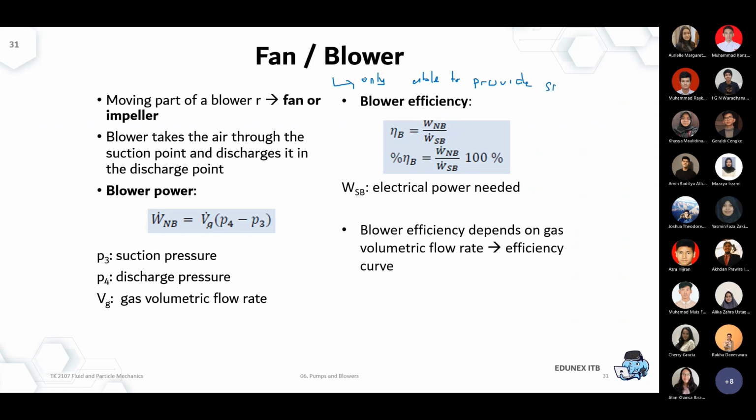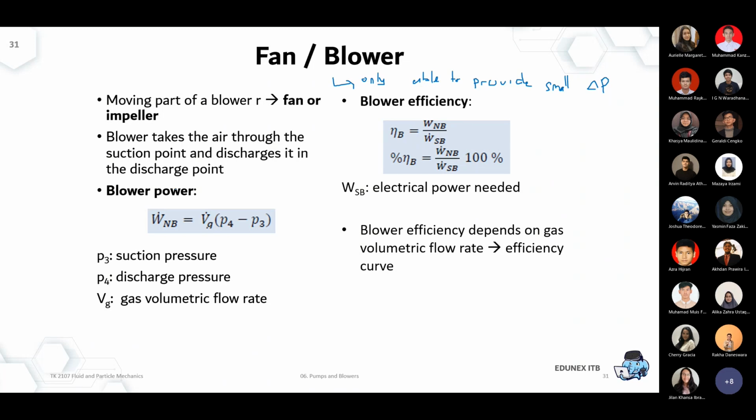So if you enter at atmospheric pressure, at most it will be less than 2 atm at the discharge of the blower, which is already a very good blower. The standard blower is probably only able to give you like 1.2, 1.3 atm. If you need a high delta P for a gas, then go to a compressor, which will be discussed on Thursday.